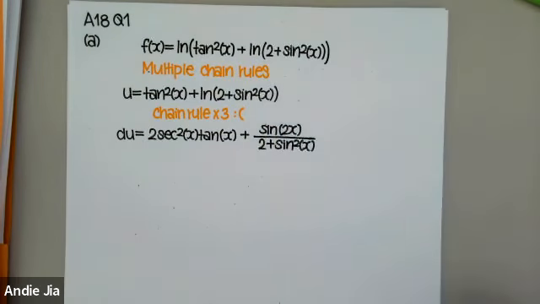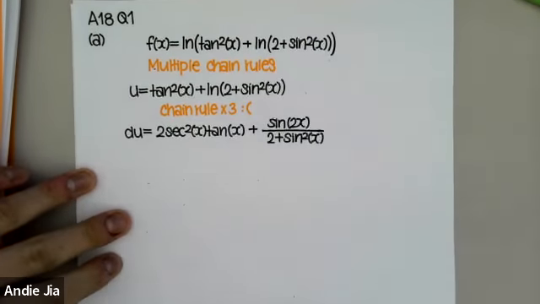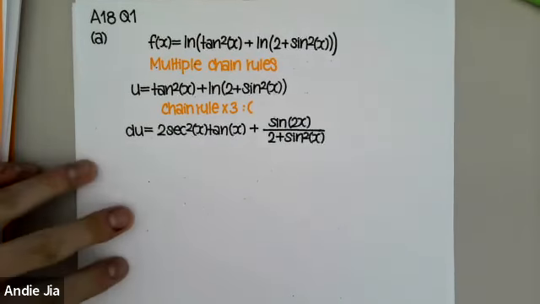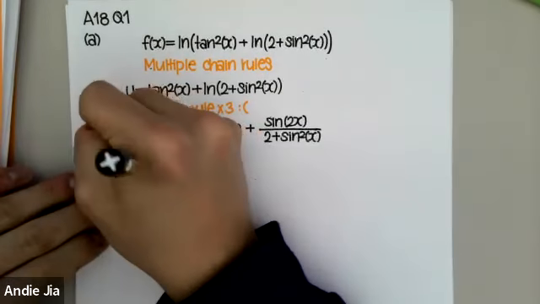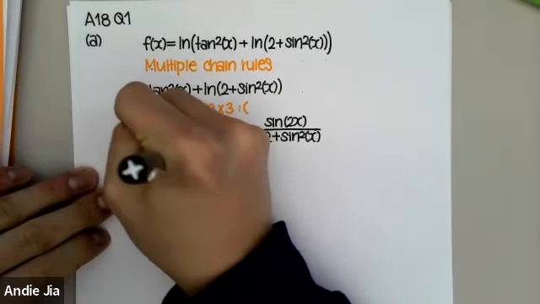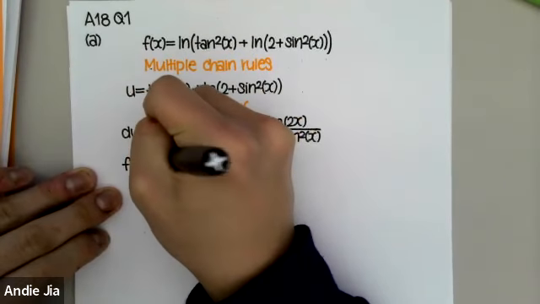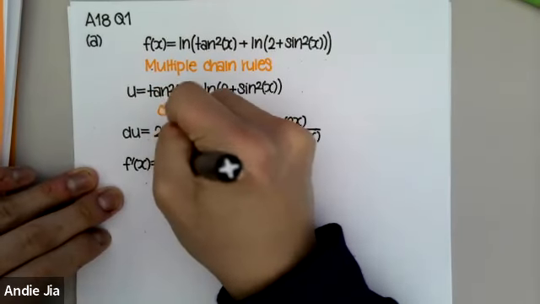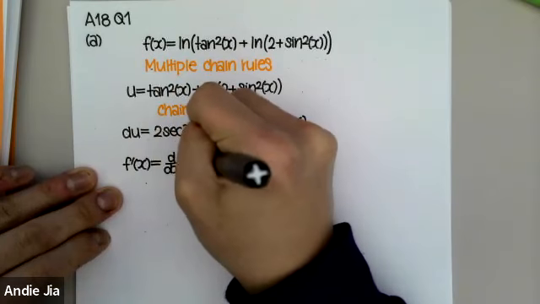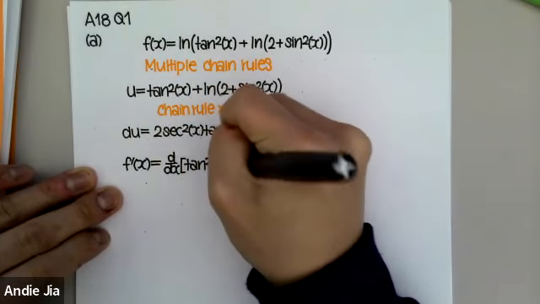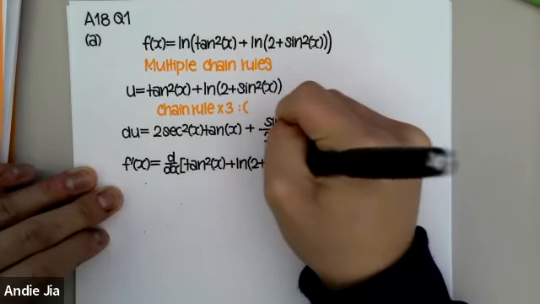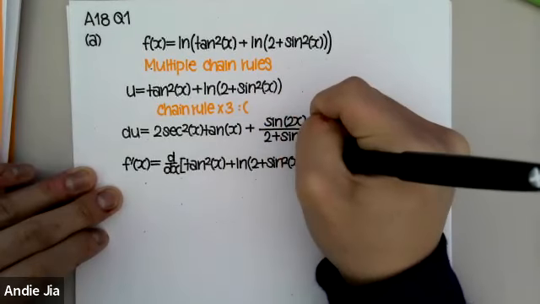Why is this so complicated? And then I just rewrote it. We found it's f prime of x. It is going to be the derivative of tangent squared of x, plus the natural log of 2 plus sine squared of x.